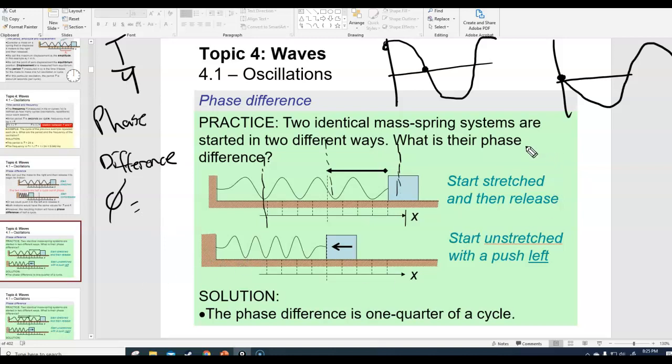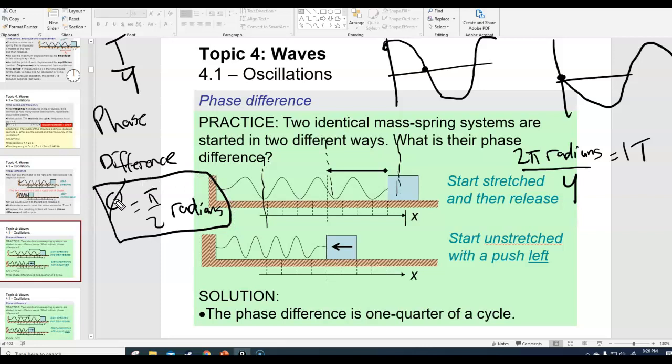The way you would do that is to remember that there's 2 pi radians in one period. So if you wanted to write the phase difference in terms of angle, you would write 2 pi over 4, which is pi over 2 radians, or 90 degrees phase difference.